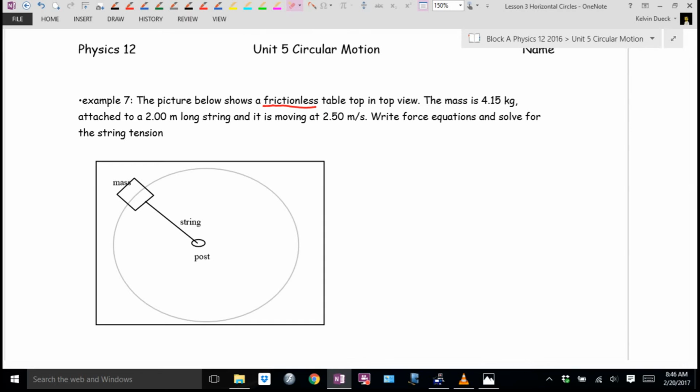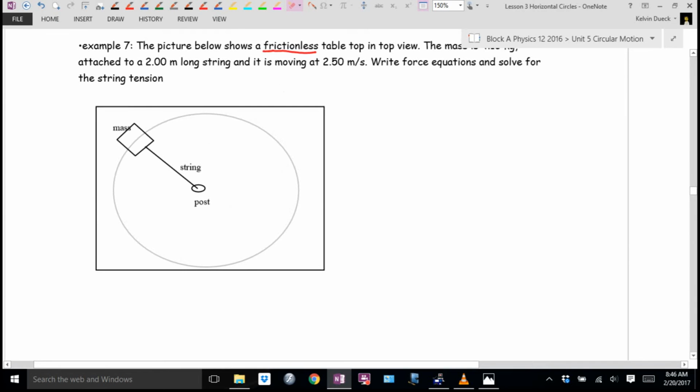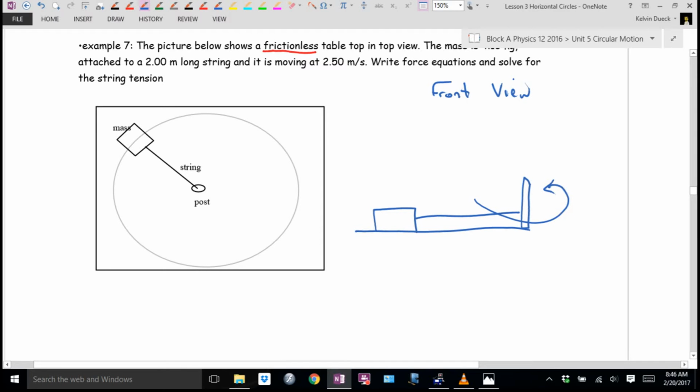Okay. What are the forces acting on this mass? Get the obvious one. So if we did a front view, there's my axis of rotation. Here's the mass, here's the string, and it's going around, I don't care which way, this way.